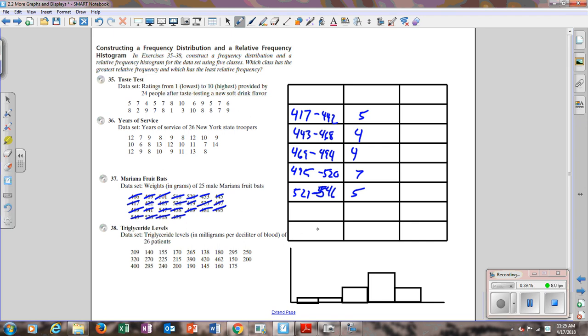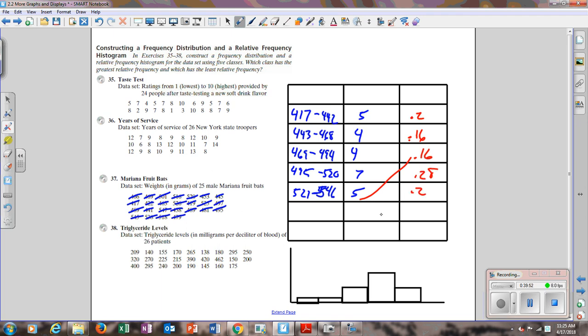All right. Then you just do R25. So you do 5 divided by 25, gives you 0.2. 4 divided by 25 gives you 0.16. Oops. That one's also going to be 0.16. Gives you 0.28.